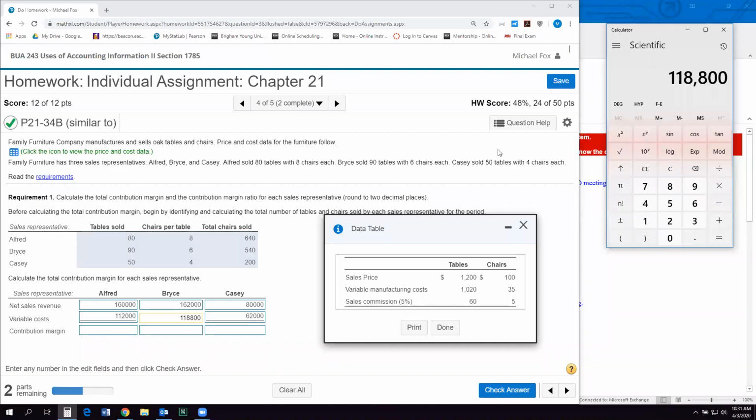All right, now that I have these, to find my contribution margin, I just take the net sales minus the variable costs.